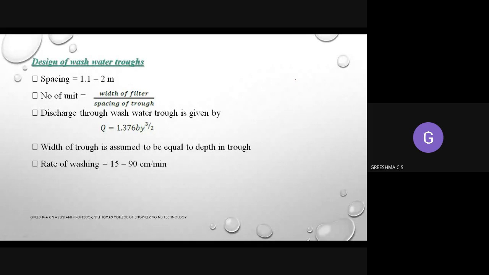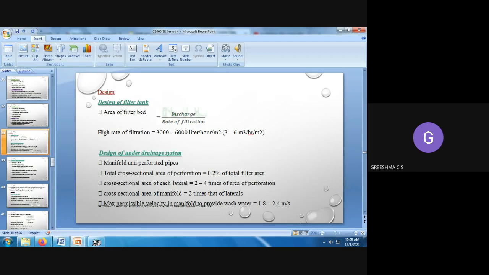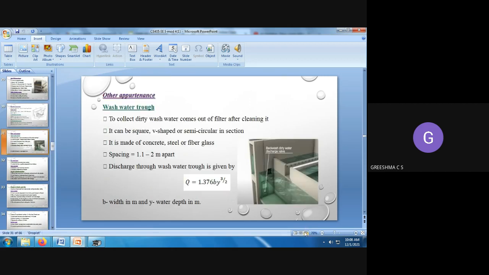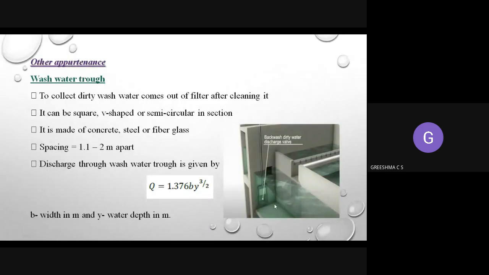A lot of water has to be removed, so one wash water trough is not enough anyhow. You might be remembering this is a wash water trough, but one unit like this is not enough.